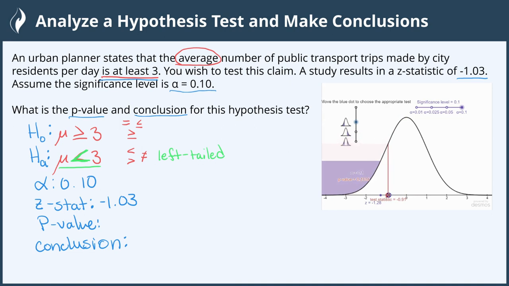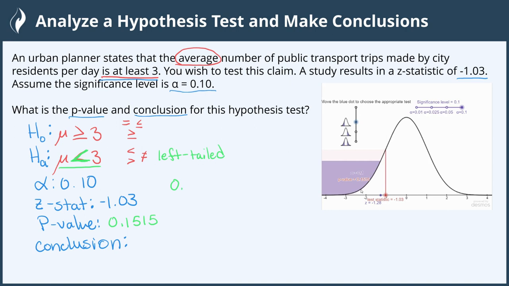These get kind of finicky, so we have to make sure that we get it right on negative. There we go. So now we have our z-statistic, our critical value, and it's calculated our p-value for us as well. So we can write that down as our p-value equals 0.1515.